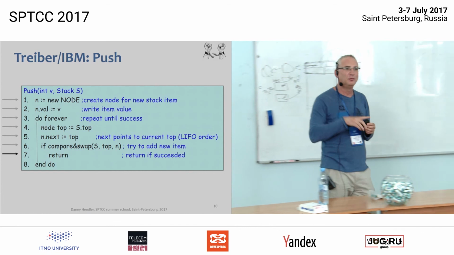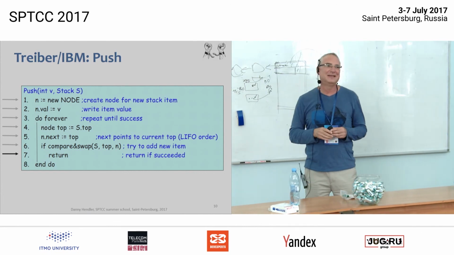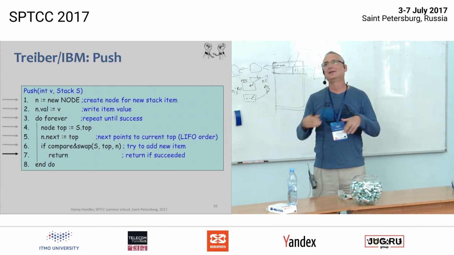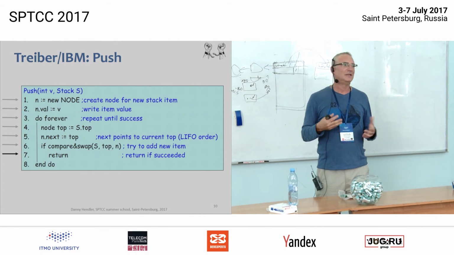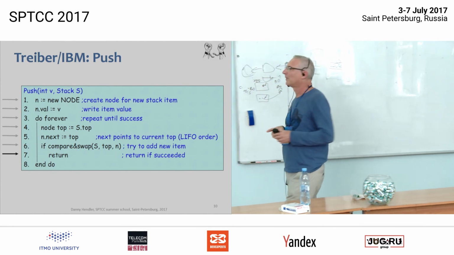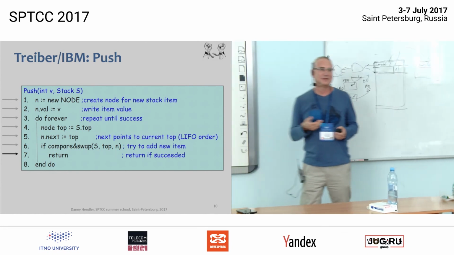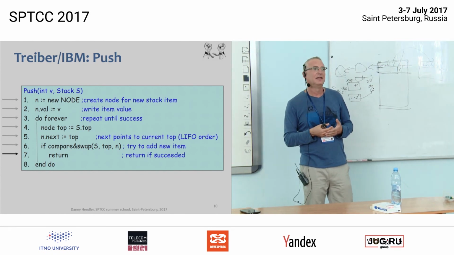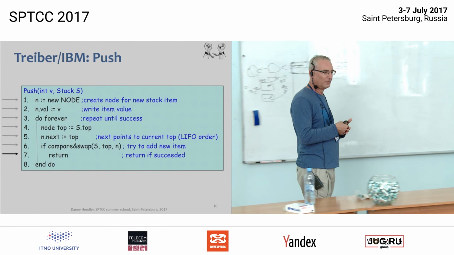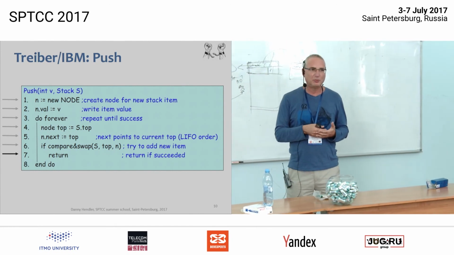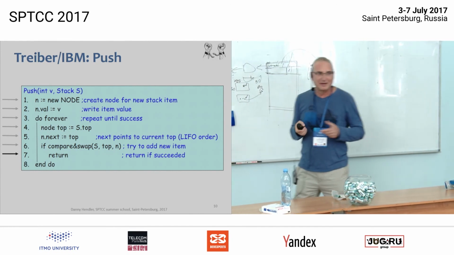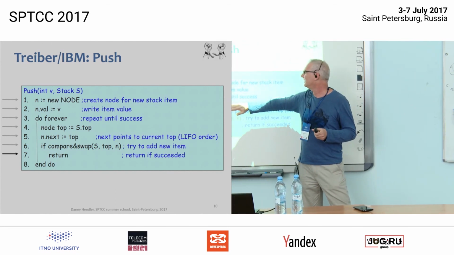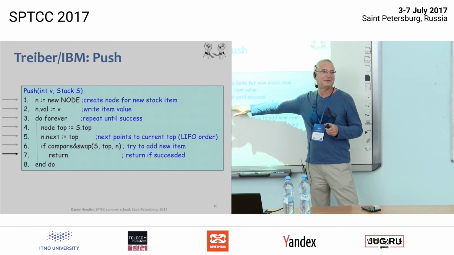We see some value A, but then the value changes from A to B and back again to A. So this, in a sense, defeats what we would like to get from the semantics of the compare and swap operation. We would like to get from it the guarantee that we manage to perform the swap only if the value did not change since when we read it, in this case, here in line 4.